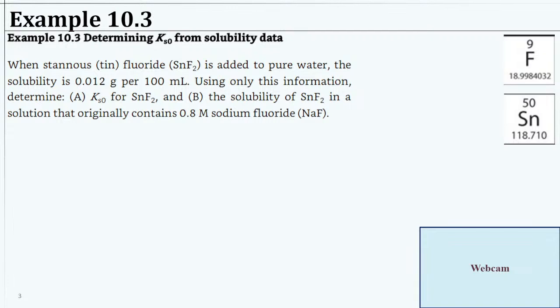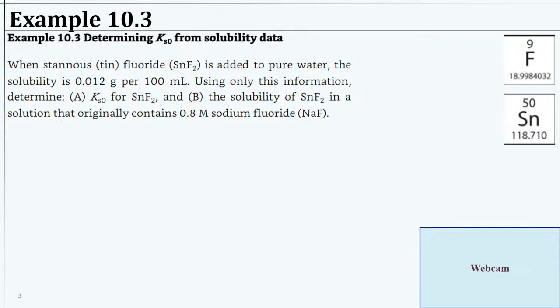So if we want to determine the solubility product from data, if we take stannous or tin fluoride, SnF2, and add that to pure water, we have a solubility of 0.012 grams per 100 milliliters.